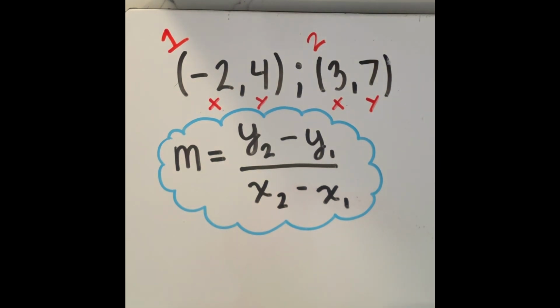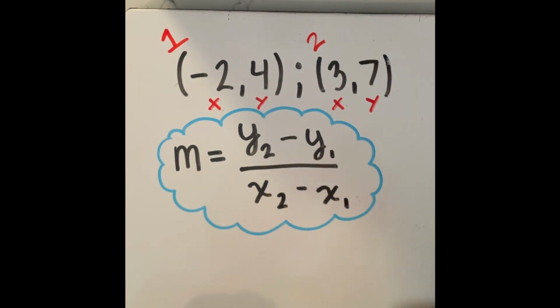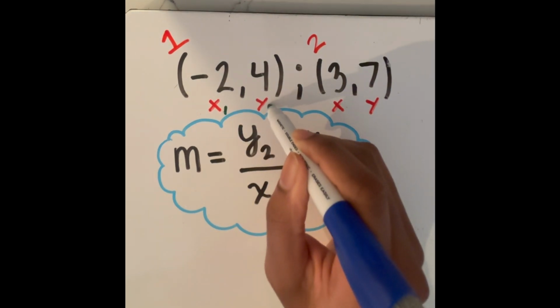So we have that determined, but now we have to label and decide what is going to be our x1 value, our x2 value, our y1 value, and our y2 value. We're going to decide that by looking at each point. This is our first point, which means this is going to be our x1 value and our y1 value.